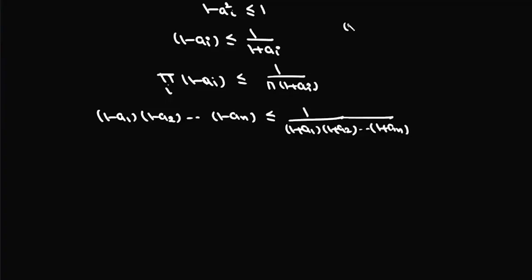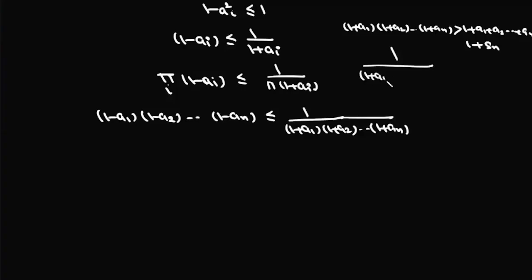Now we also know that 1 plus a1 into 1 plus a2 up to 1 plus an will be greater than 1 plus a1 plus a2 up to an, which is 1 plus Sn, and if we take the reciprocal, then 1 upon 1 plus a1, 1 plus a2, 1 plus an will be less than 1 upon 1 plus Sn.